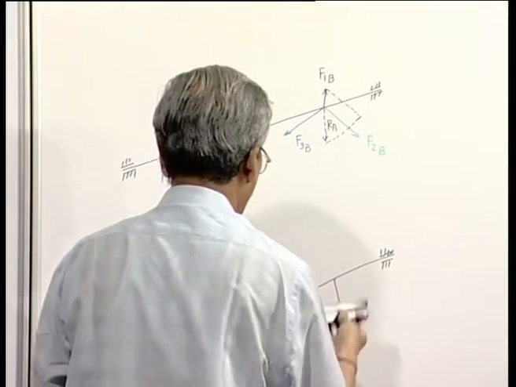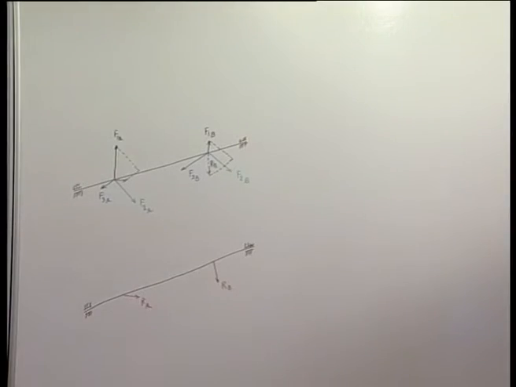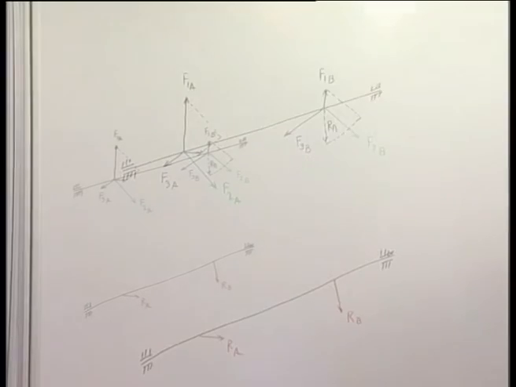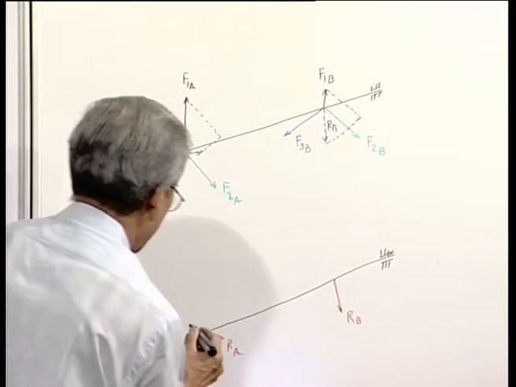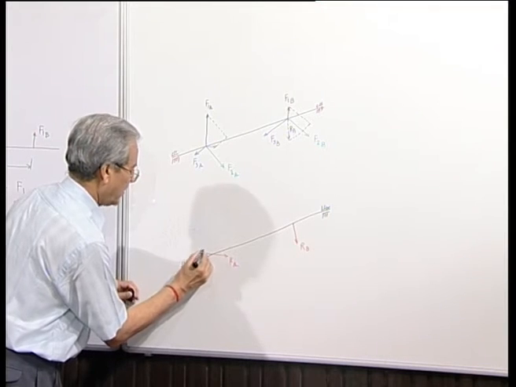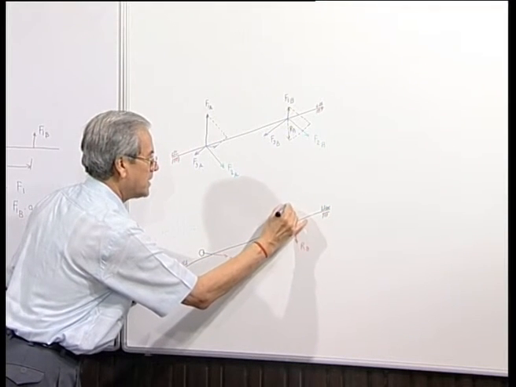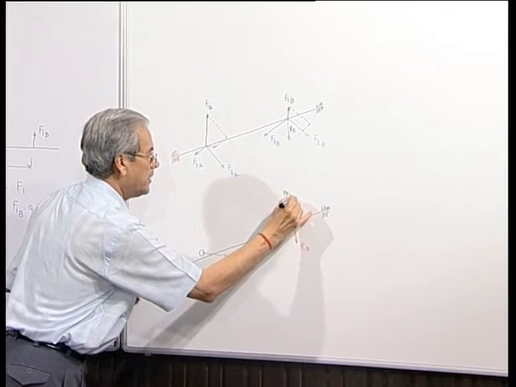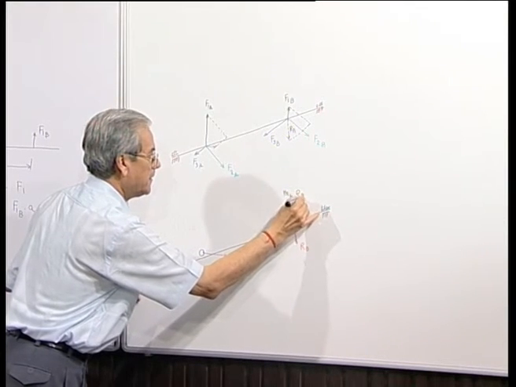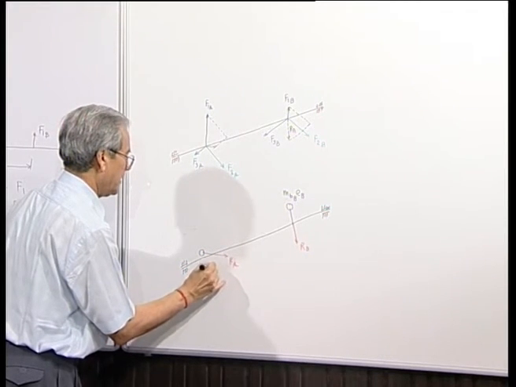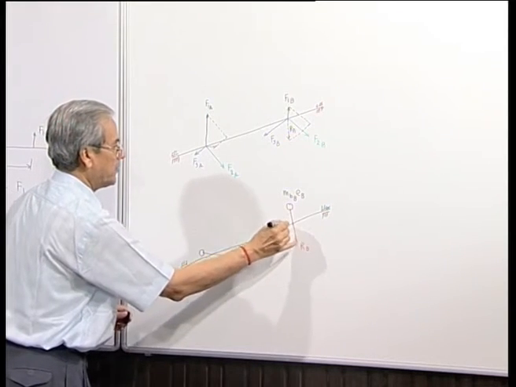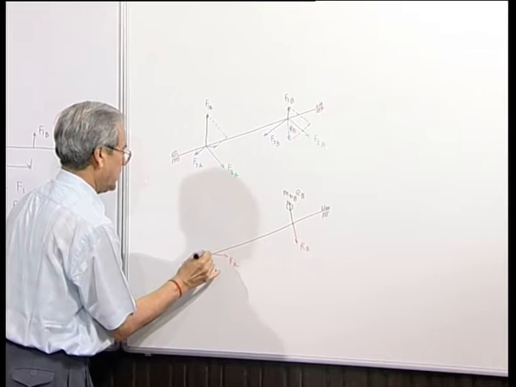Now, these 2 locations are arbitrarily chosen depending on your convenience, where you select the 2 planes, and once you have a system with 2 unbalanced forces, to balance it is very simple by putting two balancing masses MBB EB, MBA EA, so that this centrifugal force and this centrifugal force exactly neutralize each other.